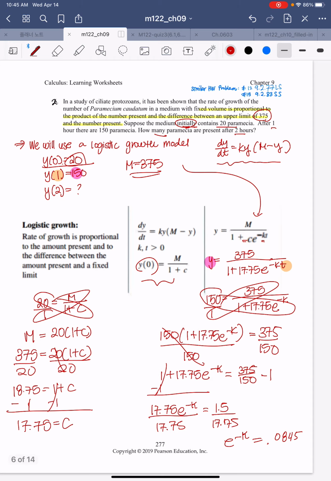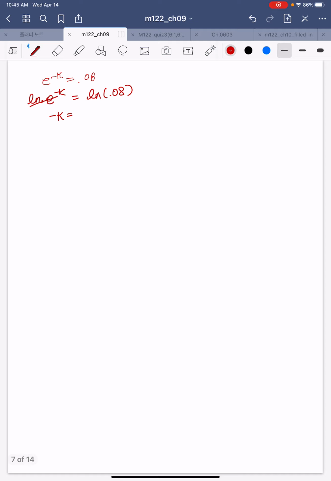Okay, so watch that. ln of 0.0845 ended up being negative 2.471, rounded to 3 decimal places, divided by negative 1. K is equal to positive 2.471. So we got k.